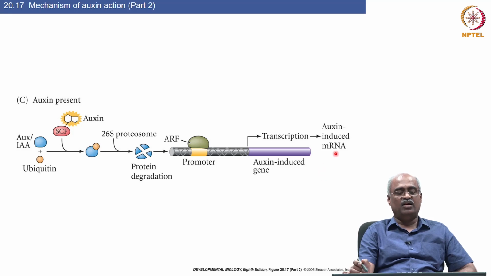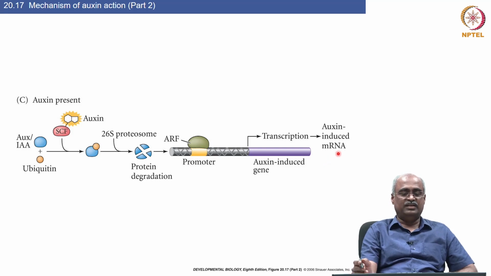So this is how the auxin signaling works. Essentially normally the targets are kept suppressed by a suppressor binding to the auxin response factor, and in the presence of auxin that suppressor gets degraded, and therefore the suppression is removed and the gene expression is activated.